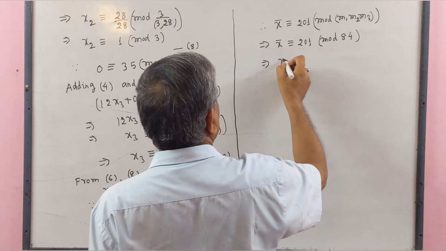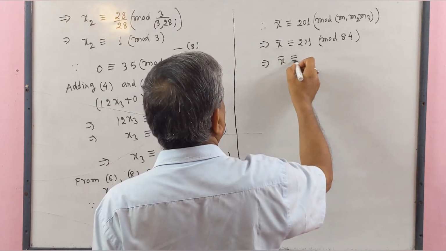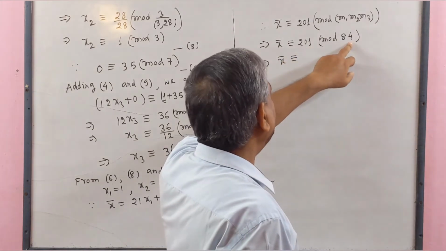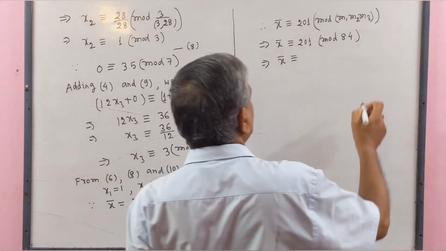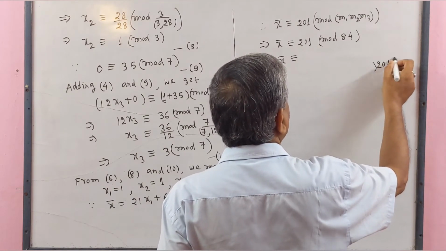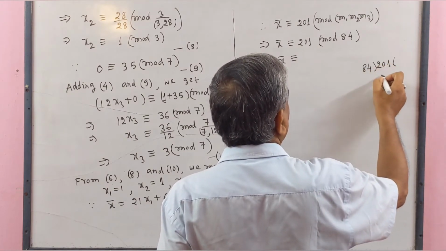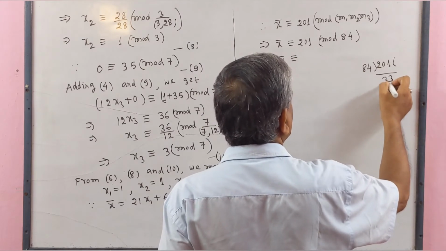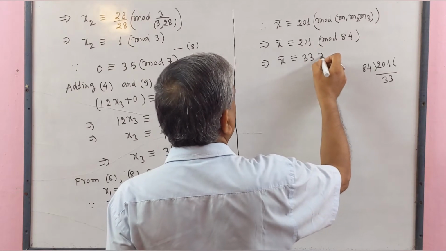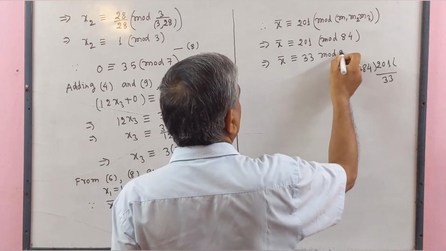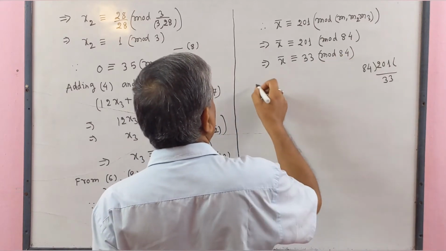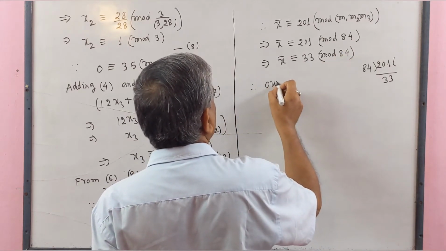Implies that x bar is congruent to, here 201 is greater than 84. So if we divide 201 by 84, we get remainder 33. So we write here 33 modulo 84. Therefore, our problem is solved.